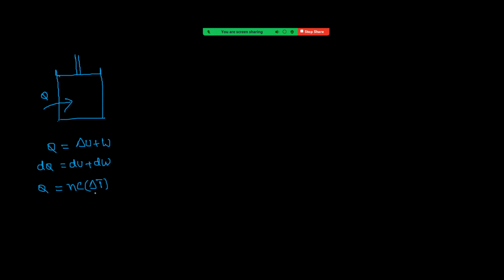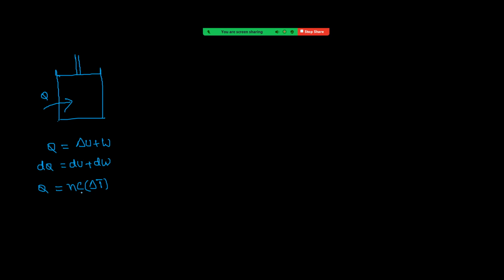This change may be positive, may be negative. If heat is given to the system, then delta T is positive. If heat is taken from the system, delta T will be negative. That means with the sign convention, Q is positive if it is given to the system, Q is negative if it is taken from the system.